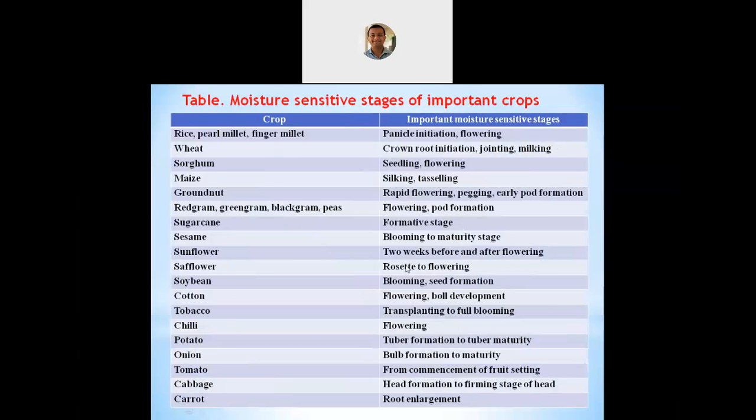Here is a list of the critical sensitive stages for different crops. Most commonly in wheat, we all know that crown root initiation is a moisture sensitive crop growth stage where, if irrigation is not provided, it can cause significant reduction in the yield of the crop. Similarly, there is a list for all different kinds of crops with the different moisture sensitive stages.